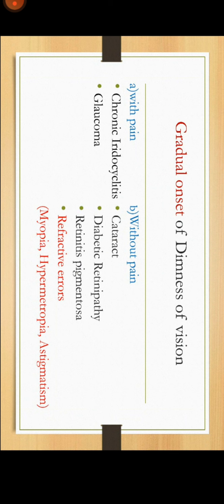Diabetic retinopathy, as you know, is a degenerative condition occurring in the retina. Retinitis pigmentosa is another condition. Retinitis means inflammation of the retina, causing degeneration of the retina, mainly in the pigmented epithelial layer. There will be residual pigments.